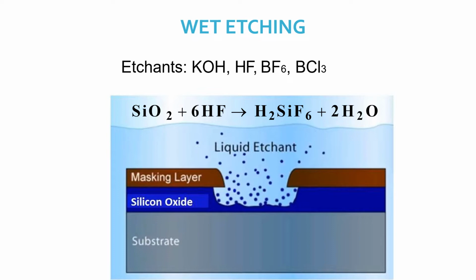In order to do the wet etching, all the parts here will be submerged into the liquid etchant, for example hydrofluoric liquid. Once it's soluble, it will take away part of the silicon oxide and form the pattern that we want to produce.